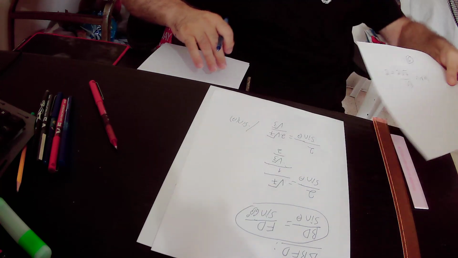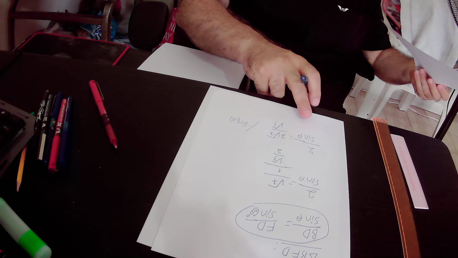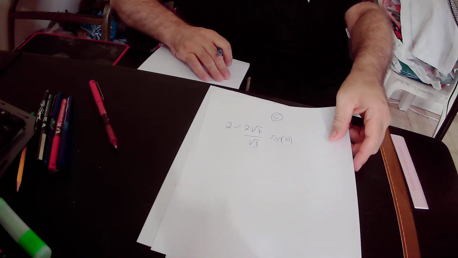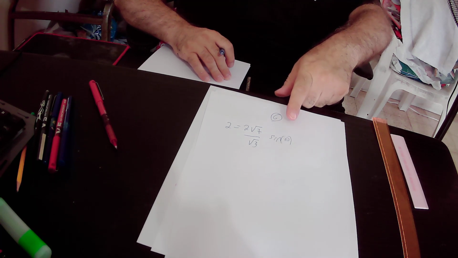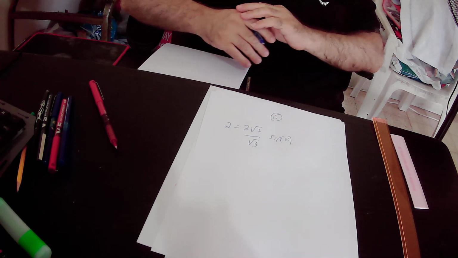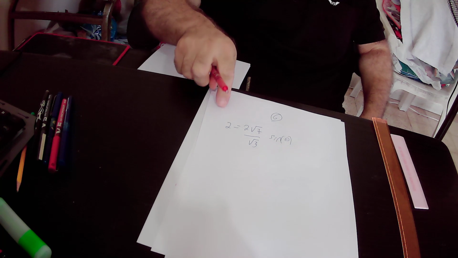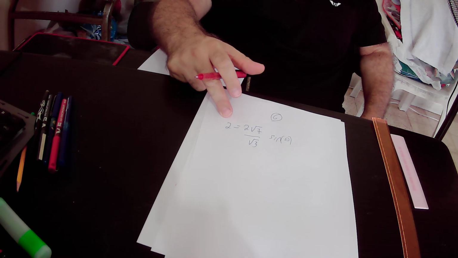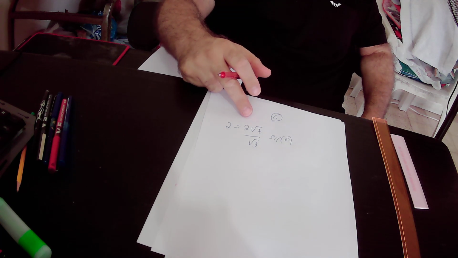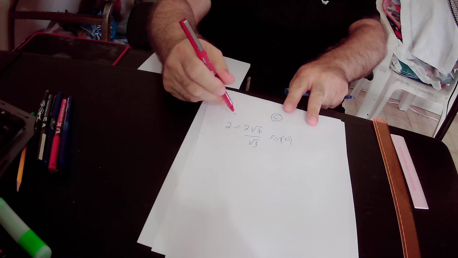We multiplied this equality by sine theta, and we got that 2 equals 2 times root 7 times sine theta over root 3. We have 2 in the numerator on this side of the equation, and we have 2 in the numerator of this side, so we can cancel 2.